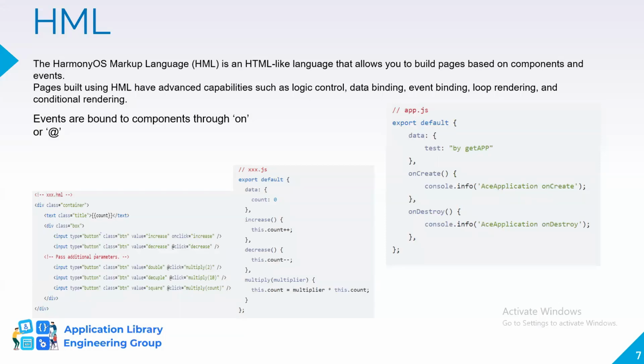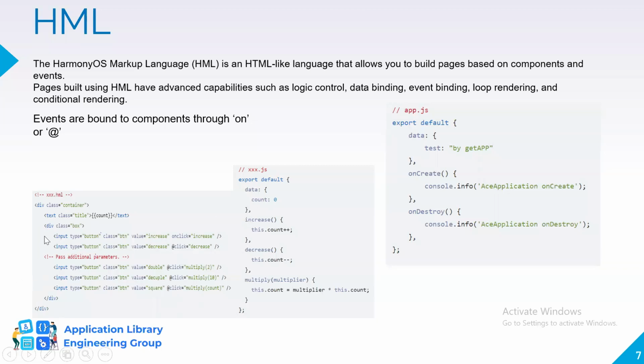Let's have a brief introduction about the HML, CSS, and JS files which are used in this particular application. As I already said, HML is an HTML-like language which allows you to build pages based on components and events.